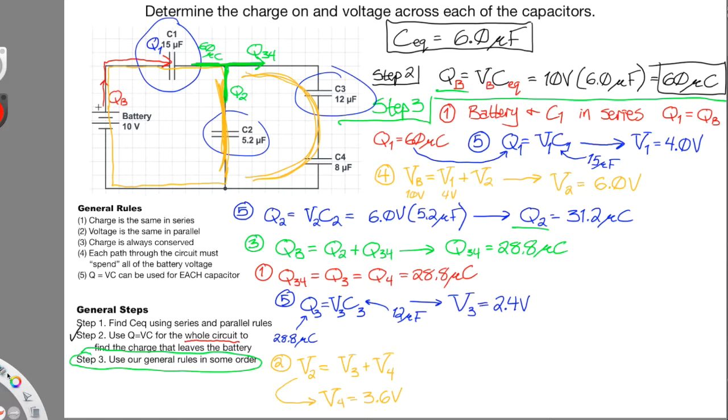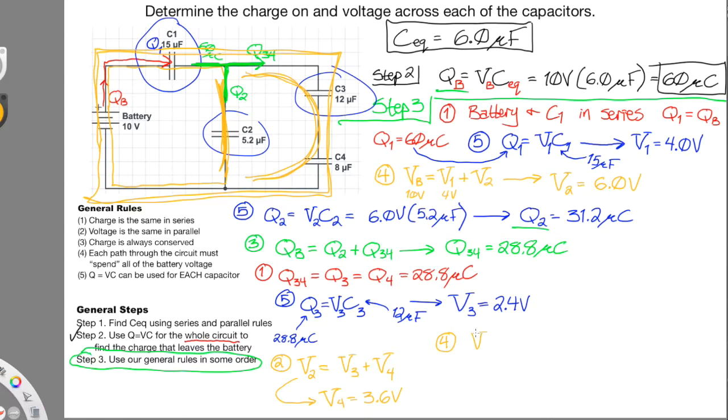But in place of this, we could also use Rule 4. The voltage for any path through the circuit is, you have to spend all of the voltage you get from the battery. So this time, I'm going to be talking about this big outer path through the circuit, the path that goes through capacitor 1, capacitor 3, and capacitor 4.